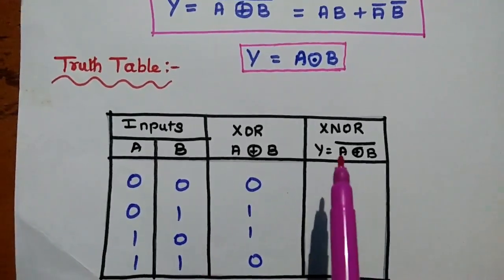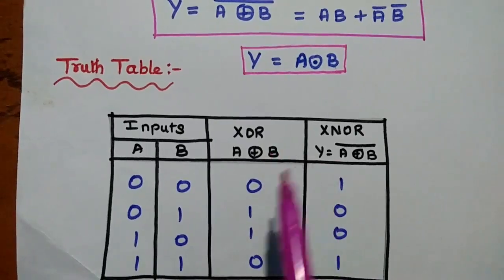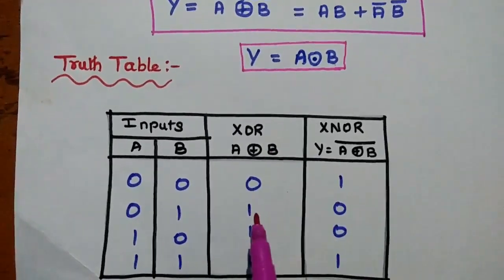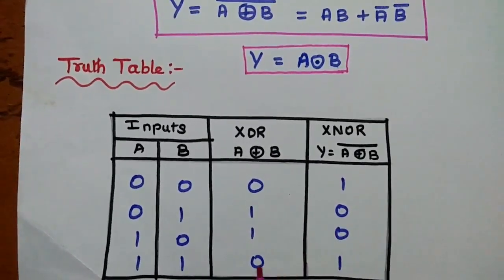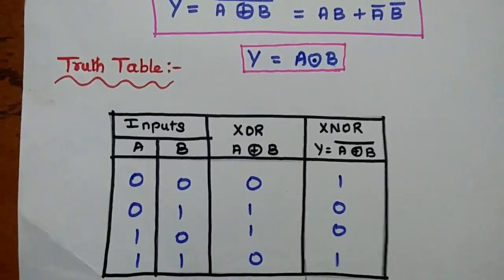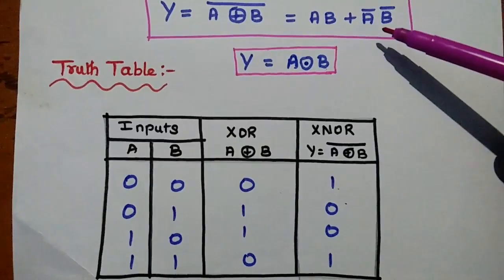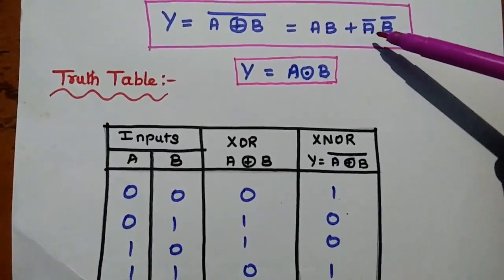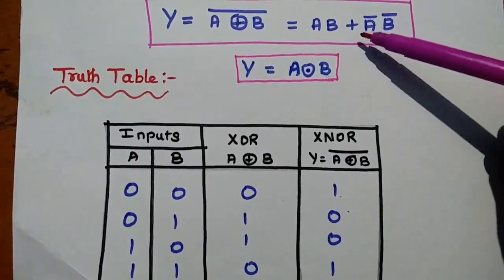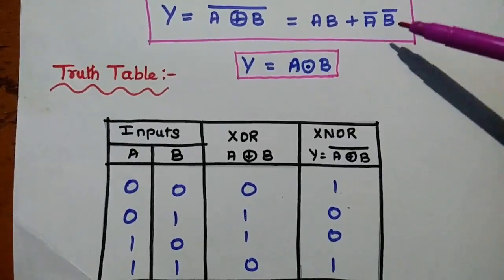We know that XNOR is the complement of this. So the 0 becomes 1, 1 becomes 0, 1 becomes 0, 0 becomes 1. So we can get these values by using this expression A into B plus A bar into B bar.